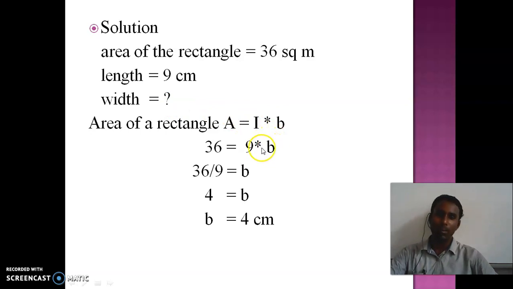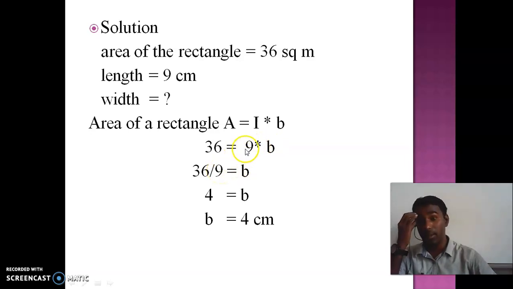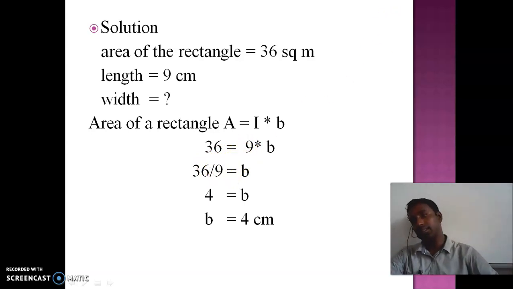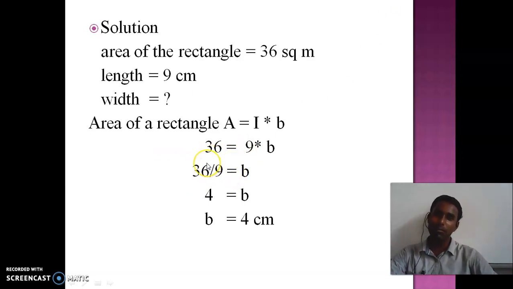So 9 multiplied by B. Here 9 will come down to the other side, because 9 is multiplication and we have to find the value of B alone, so it becomes division. So 36 divided by 9. In 36, how many 9s will be present?